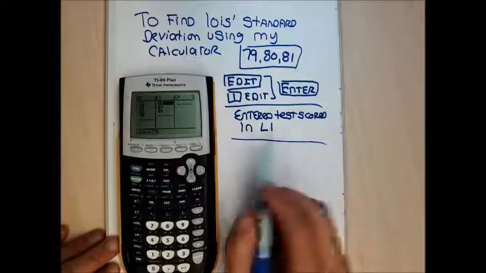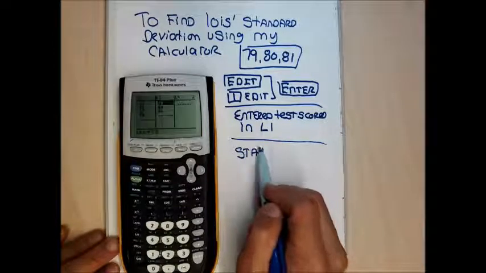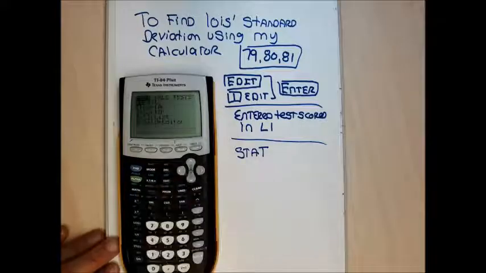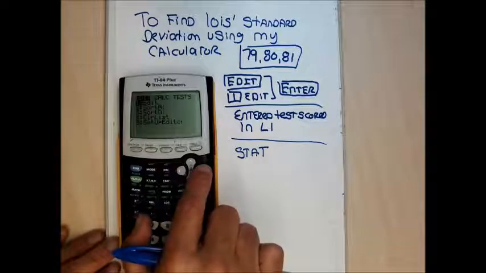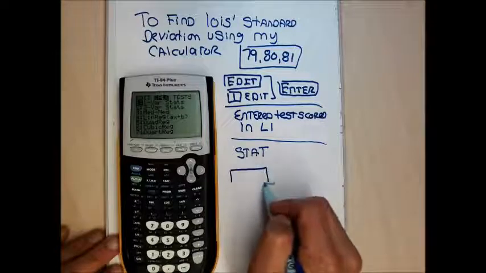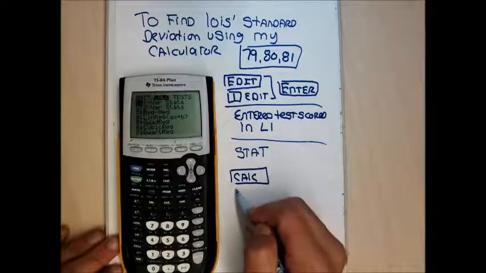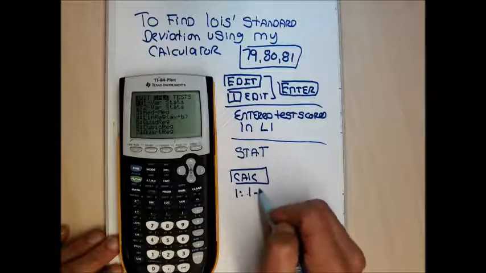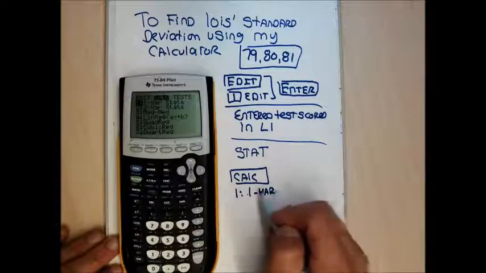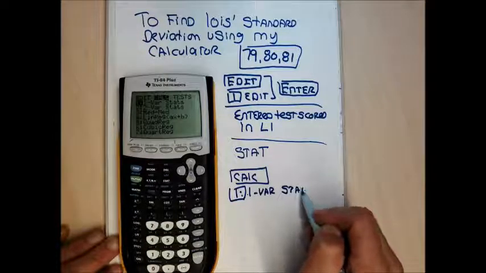After you have that done, then you're going to hit the stat button a second time. That's going to take me to that screen where first we had edit and the 1 highlighted. I need to arrow over, and I need to simultaneously have calc highlighted in the middle column and option 1, 1 variable statistics, highlighted in the numbers.